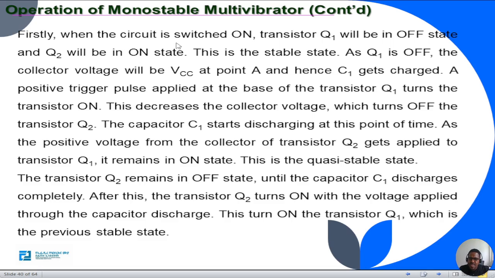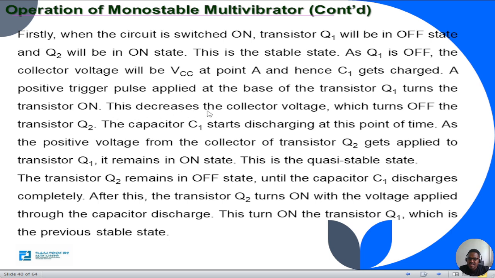Firstly, when the circuit is switched on, transistor Q1 will be in the off state and Q2 will be in the on state. This is the stable state. As Q1 is off, the collector voltage will be VCC at point A, and hence C1 gets charged. A positive trigger pulse applied at the base of transistor Q1 turns the transistor on.